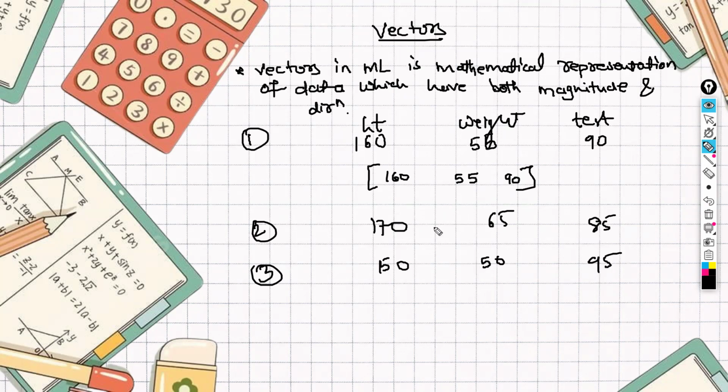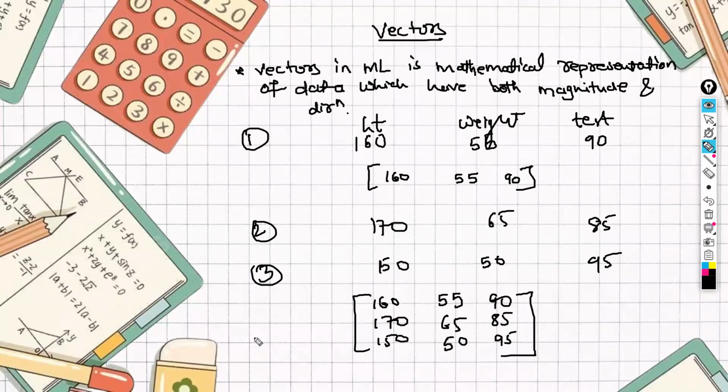So if I want to represent this data in the vector form, I can write it as 160, 55, 90, 170, 65, 85, 150, 50, and 95. So this tabular representation of data is known as matrix.